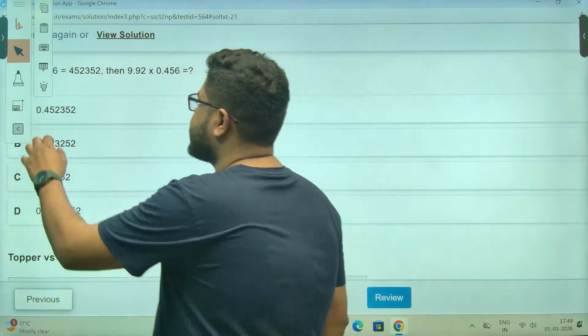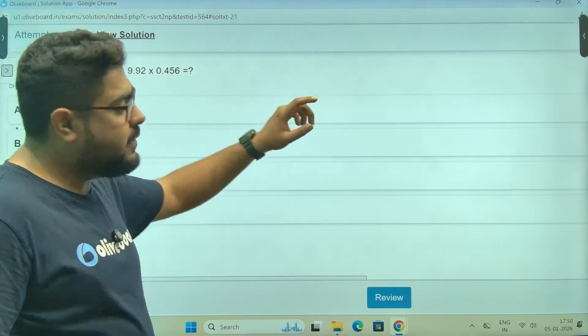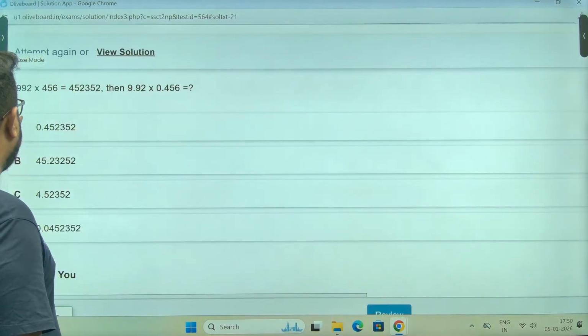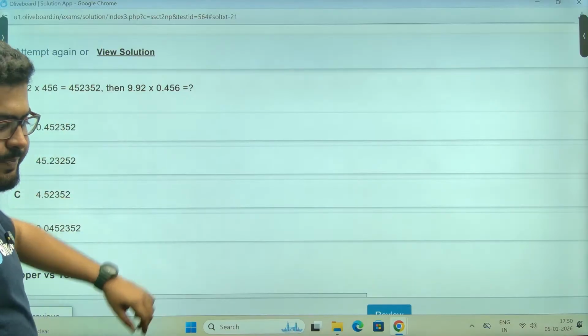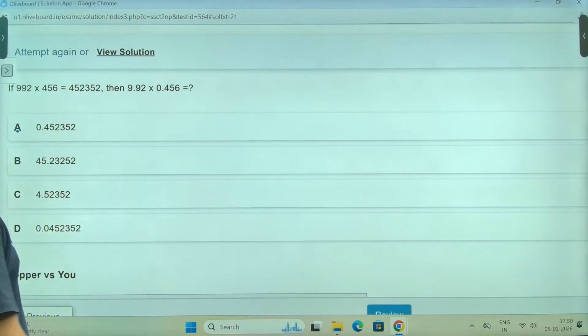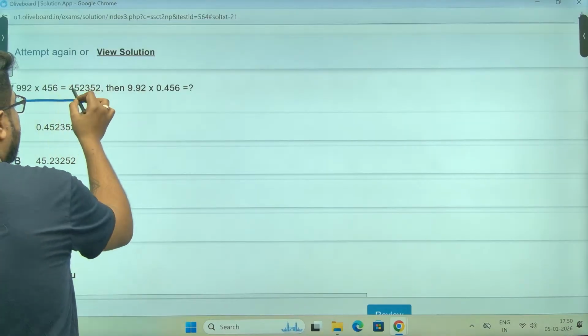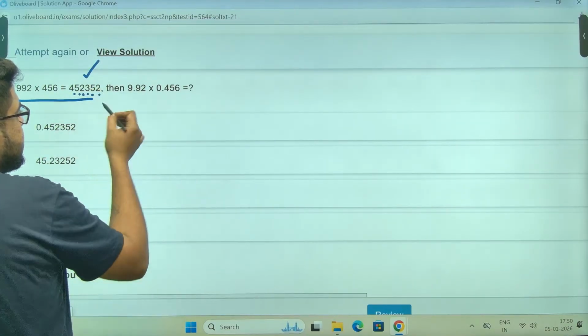Next one. This decimal type question CGL have asked previously. So again, prepare accordingly, everyone. History hai. Sir, 992 this. Again you see, given there are 1, 2, 3, 4, 5, 6 digits.